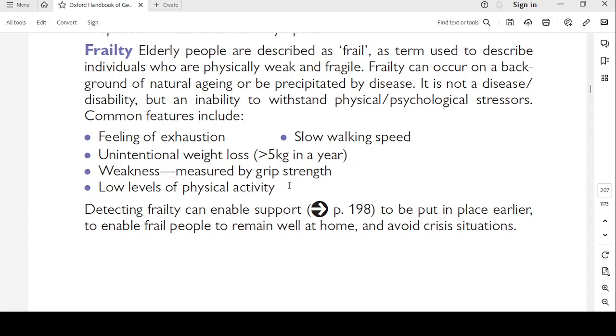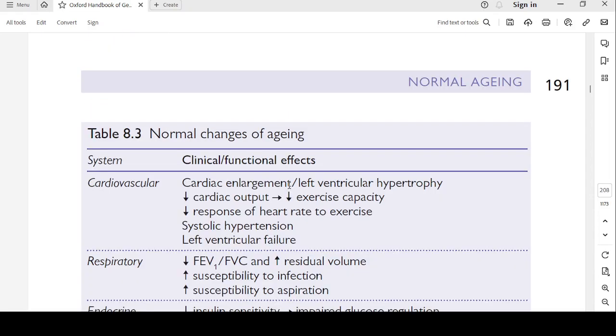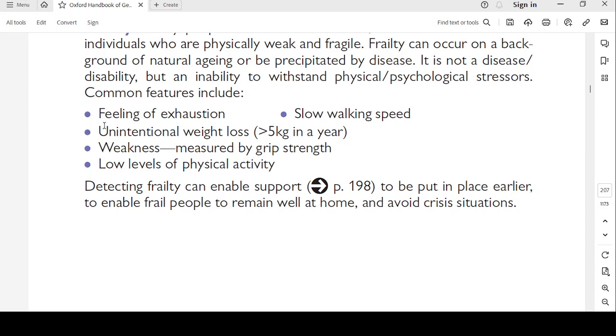Common features include feeling of exhaustion, slow walking speed, unintentional weight loss of more than 5 kgs in a year, weakness measured by grip strength, and low levels of physical activity. Detecting frailty can enable support to be put in place earlier to enable frail people to remain well at home and avoid crisis situations.